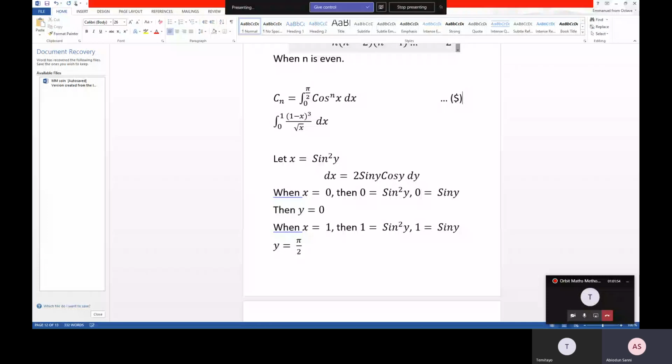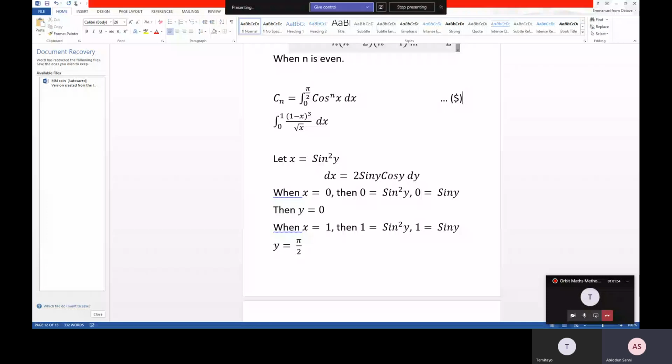Now, 7 is odd. So we'll be using this formula. Cn is equal to this when n is odd.